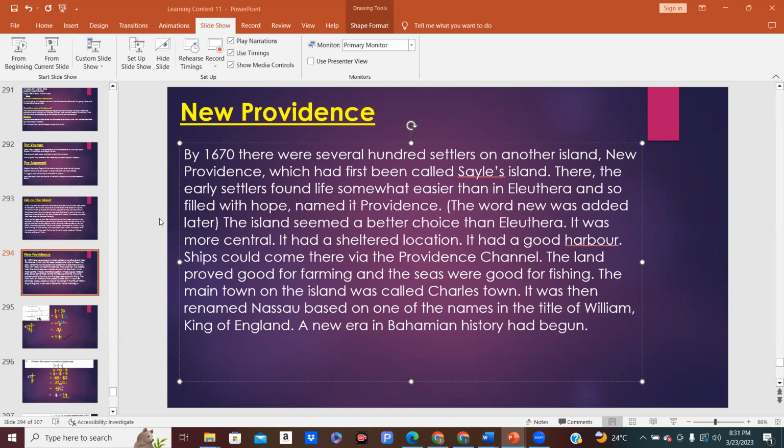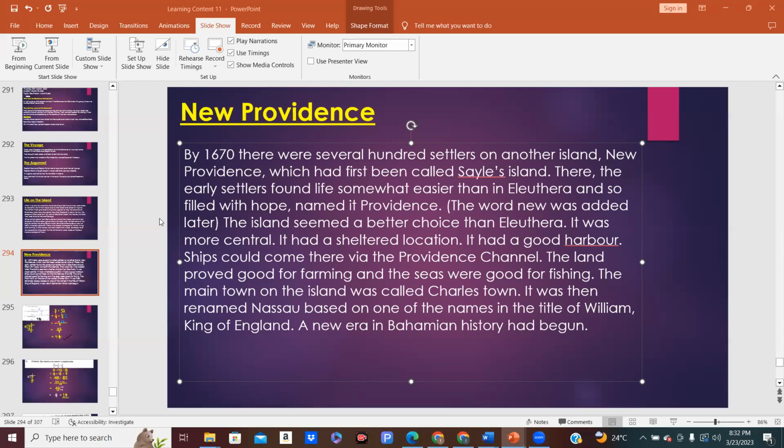It had a good harbor and ships could come down via the Providence Channel. Very good. Jennifer, give me a reason why New Providence seemed like a better choice than Eleuthera. It seemed like a better choice because it has a good harbor and shelter. Very good.